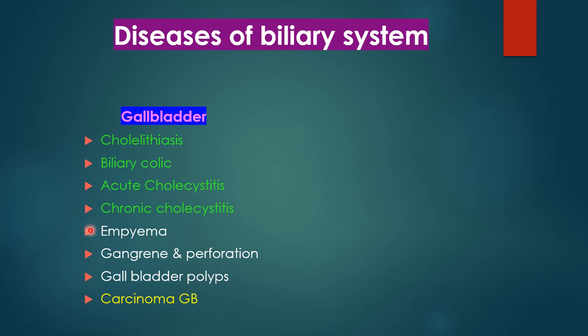The next, empyema, gangrene and perforation, are complications of gallbladder or gallstone disease, especially acute cholecystitis. Next will be gallbladder polyps and carcinoma of the gallbladder, which are much rarer conditions. So the most common conditions are all related to gallstone disease or cholelithiasis, which I have discussed.